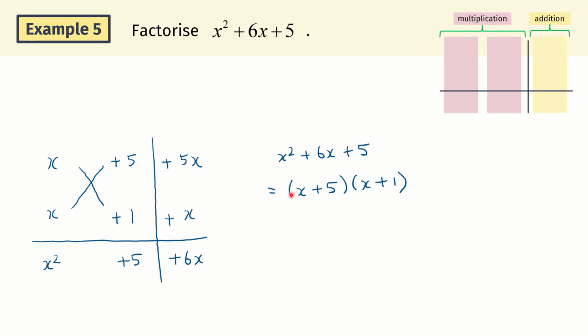There must be brackets around the x plus 5 as well as brackets around the x plus 1. With this explanation, I hope that you are able to understand how the cross method actually works in helping us factorize this quadratic expression.